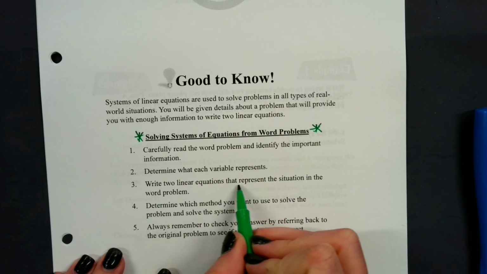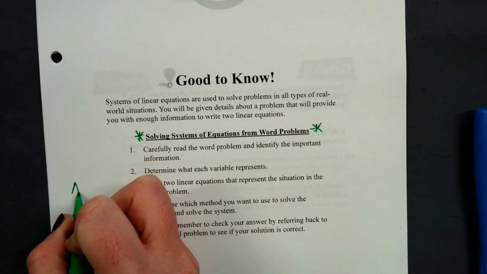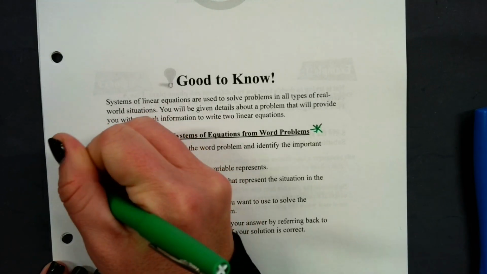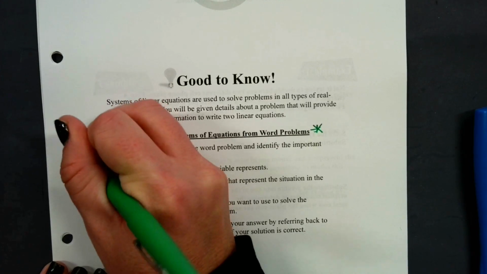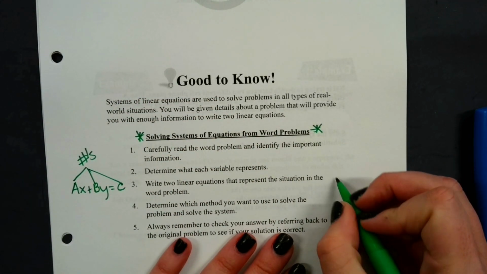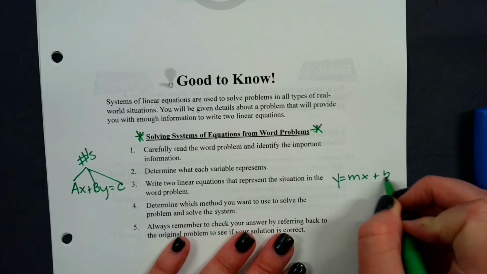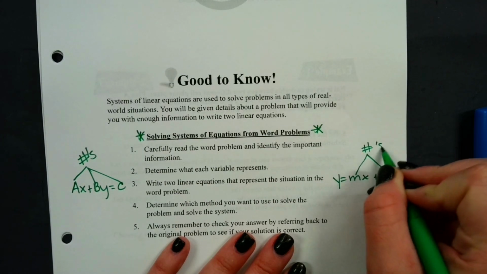Write 2 linear equations that represent it. Now, here's the difference. The one that we just wrote was ax plus by equals c, where a, b, and c are all numbers, right? Is that what it was like in the Rodriguez family? Then there's also going to be one where you can write it in y equals mx plus b, where m and b are going to be numbers.